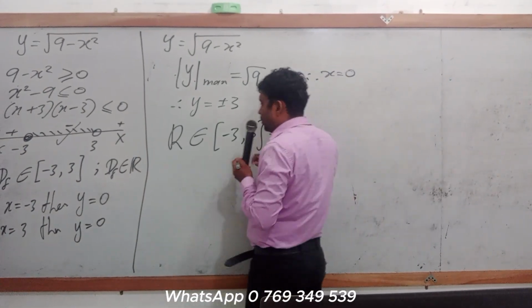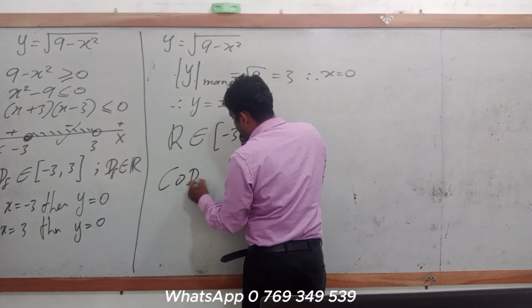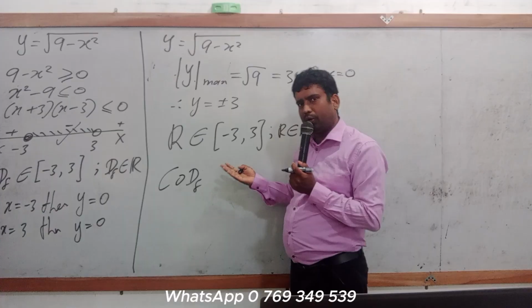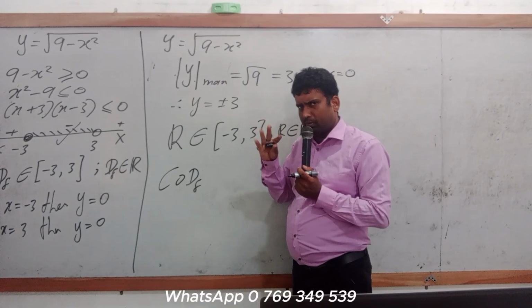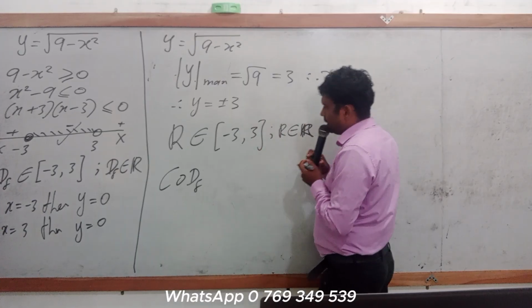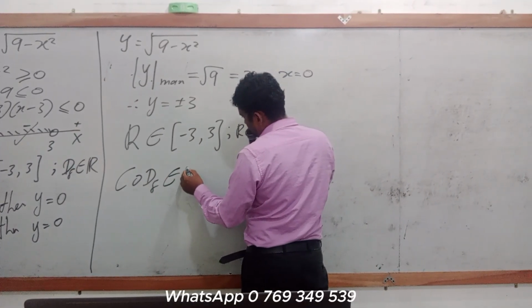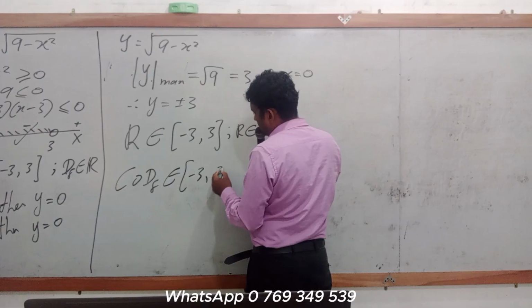Now see the codomain, CODF, what is that? This one is no more than one, no problem. If it is R, no problem, you can use that. And I'm saying this one, R is also okay, or minus 3 to plus 3.